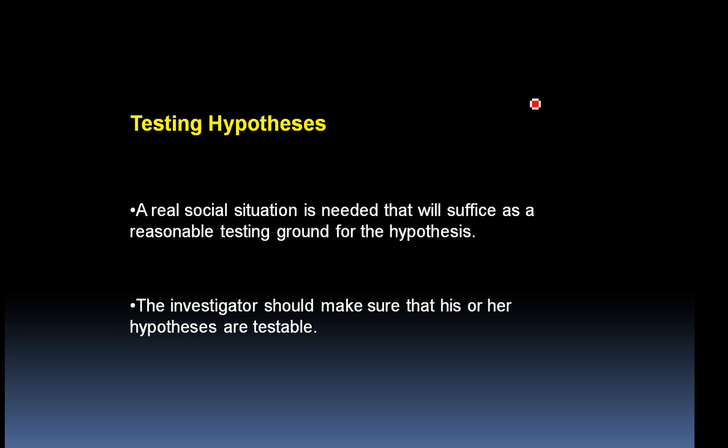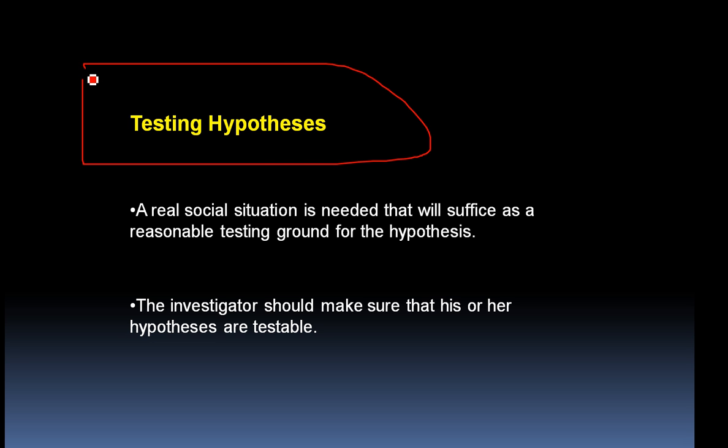Next point is testing hypothesis. Testing hypotheses means subjecting them to some sort of empirical scrutiny to determine if they are supported or refuted by what the researcher observed. The accumulation of information as a result of hypothesis testing reduces the amount of ignorance we may have about why a social event occurs in a given way.